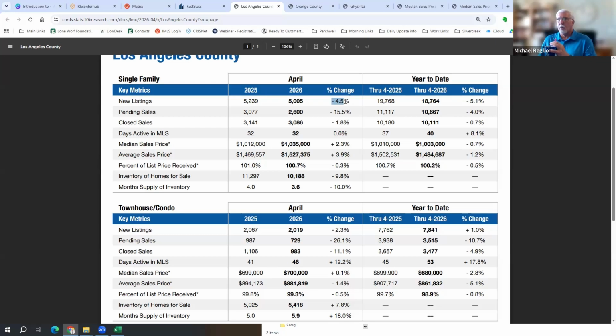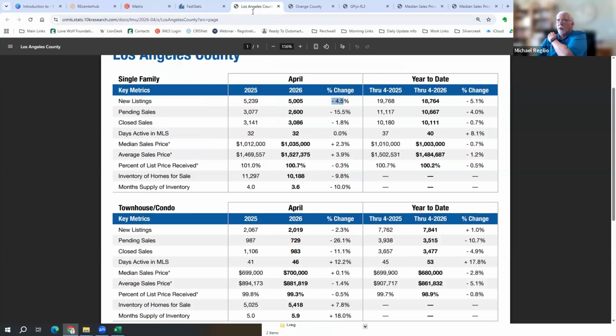The number of pending sales was actually down 15%. But the median sales price was up 2.3%. So you can actually create a script around here's what these dynamics are in the marketplace.